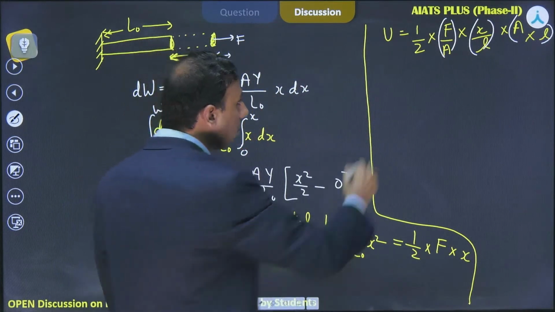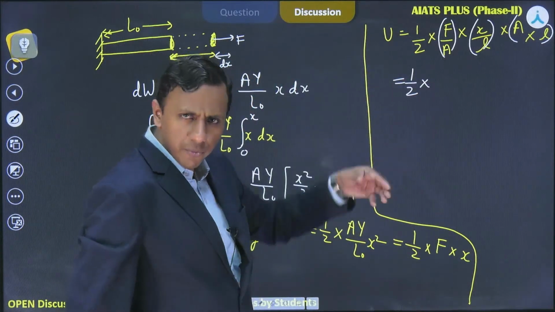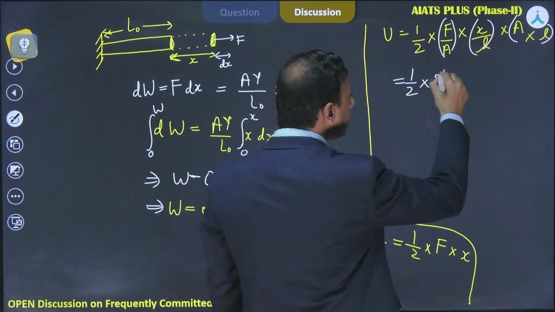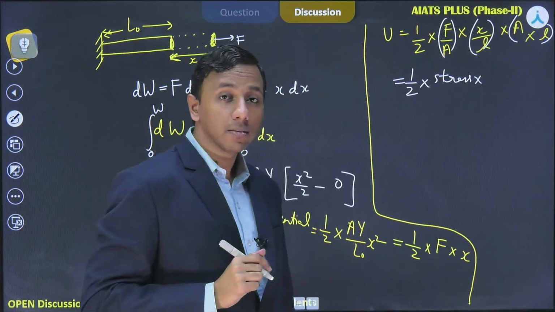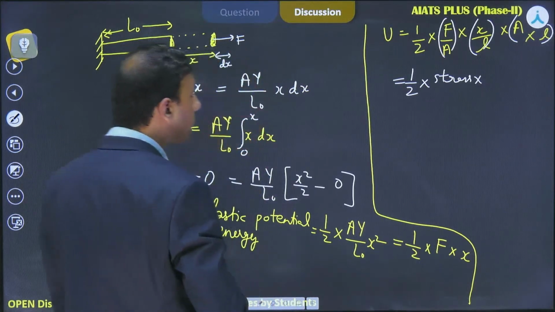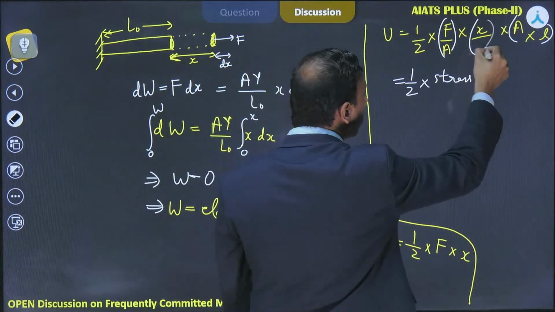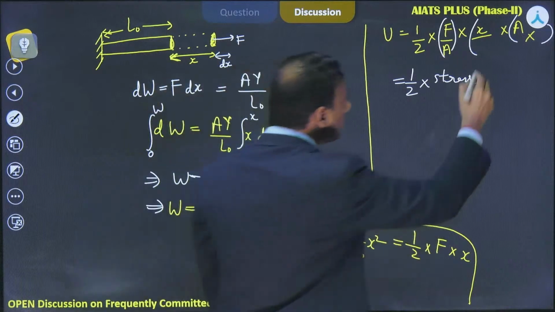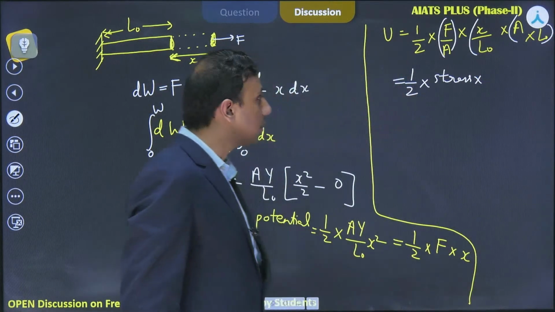If you see over here, this is half. What was F upon A? We wrote just now, just a few moments earlier, right? F upon A was what exactly? It is stress, right? X upon L, what was that equal to? Or if you want, we had written L naught, isn't it? So I will write the same expression upon L naught, because the original length was L naught, right?